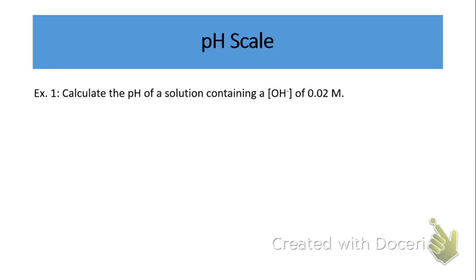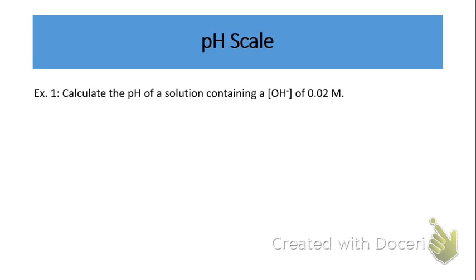So let's go ahead and use our pH equation now to solve some pH problems that we will encounter for the AP and IB exam. So the first one we have here, example 1, says calculate the pH of a solution containing a hydroxide concentration of 0.02 molar. All right.